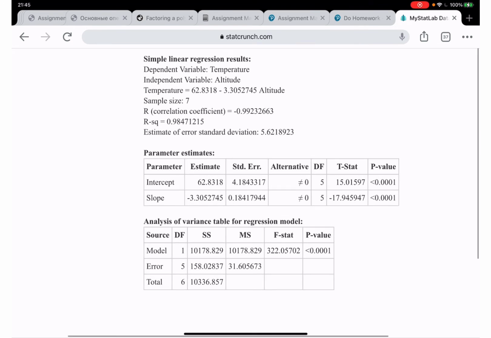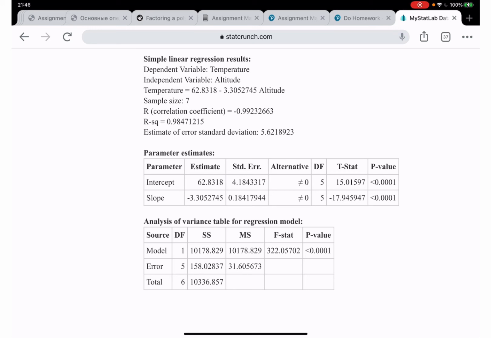When we get compute, our explained variation is under SS, sum of squares, the sum of residuals. Remember, if we can minimize the sum of residuals, then the model will fit the best. So SS for the model is 101.78, and there are two decimals, I believe, 0.83.